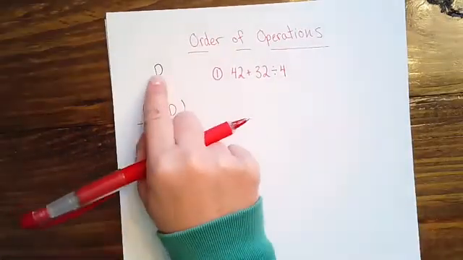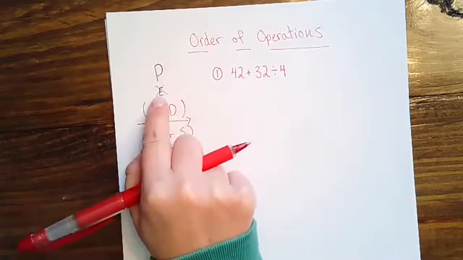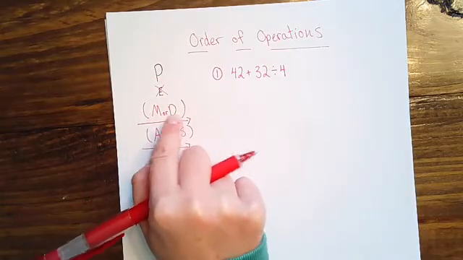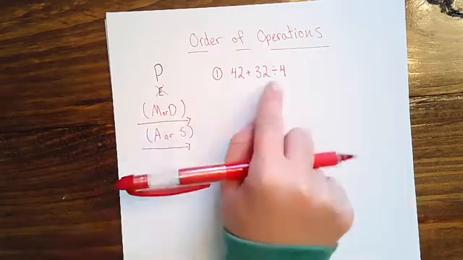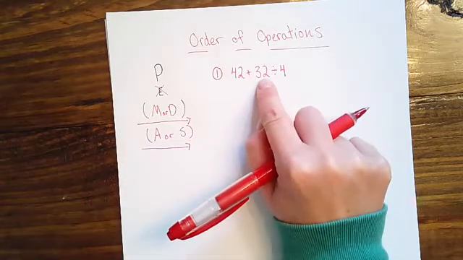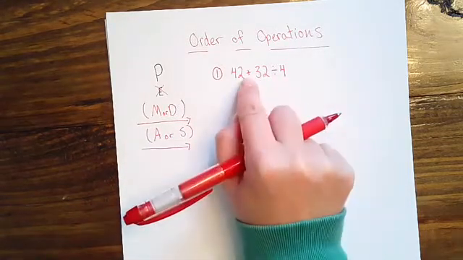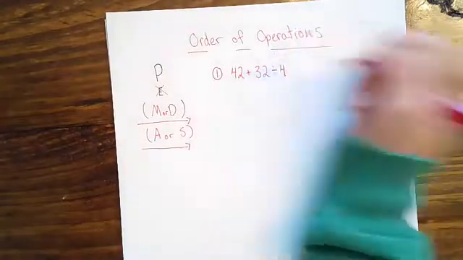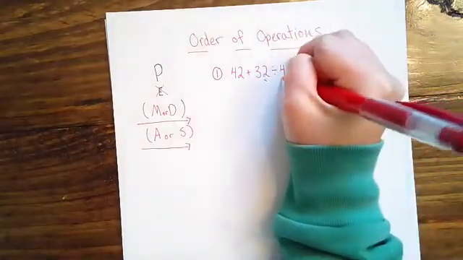In this problem, there's no parentheses, there's no exponents. So we do multiplication or division, whichever one comes first. So we're going to do 32 divided by 4 before the addition, because the addition is down here.